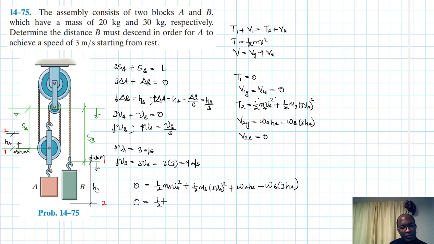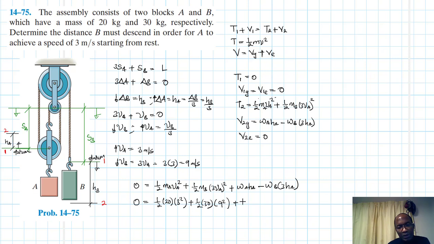So half our MA is just a 20, our VA is just a 3 squared, plus half 30, 3 by 3 times 3, which is just a 9. So this just gives us a 9 squared.